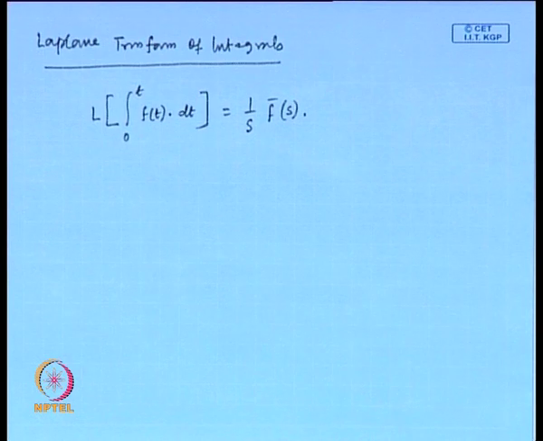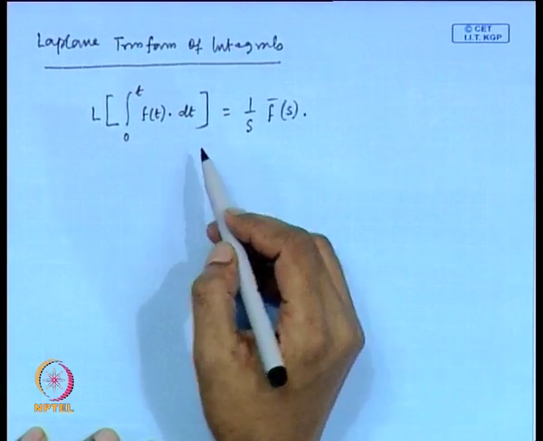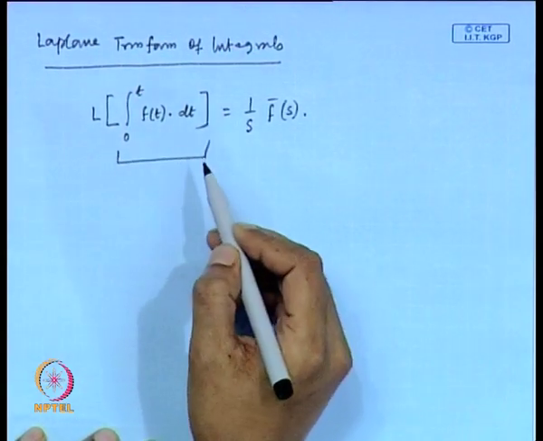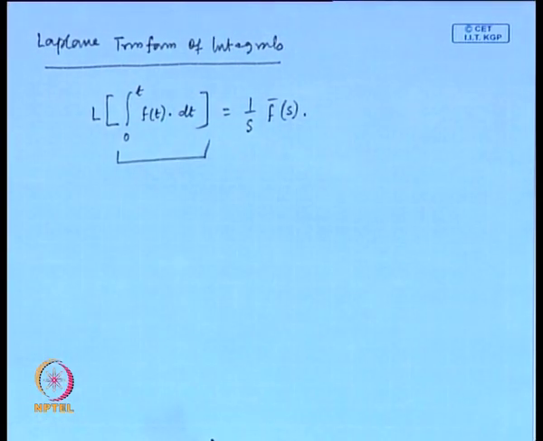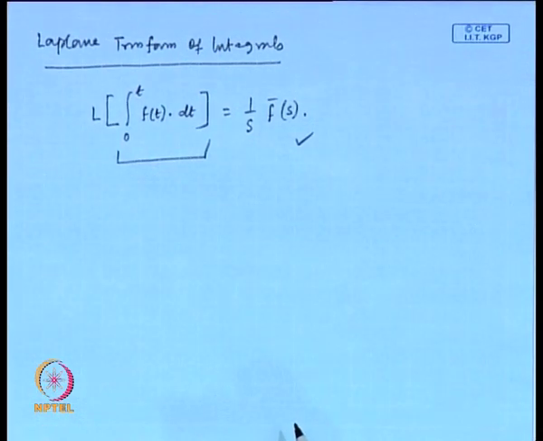If we consider f(t) as a function in the time domain, then the integration of that function is this one, and the Laplace transform of that function is this, 1 by s F bar(s).